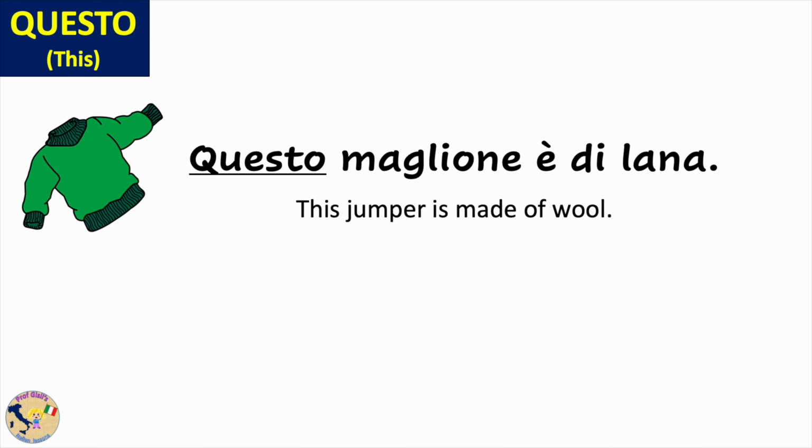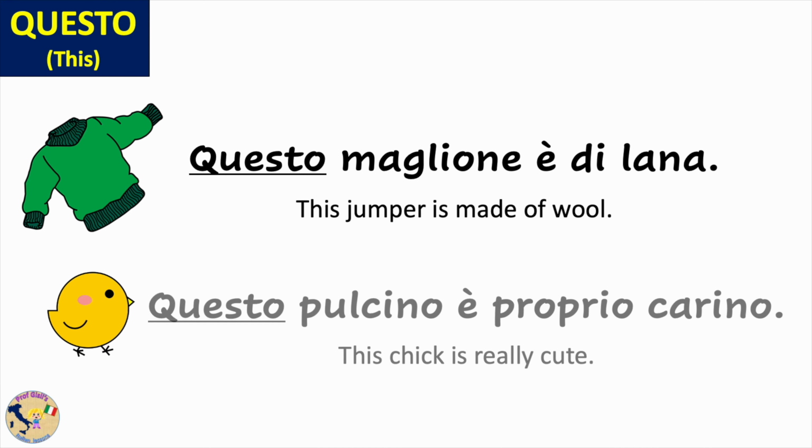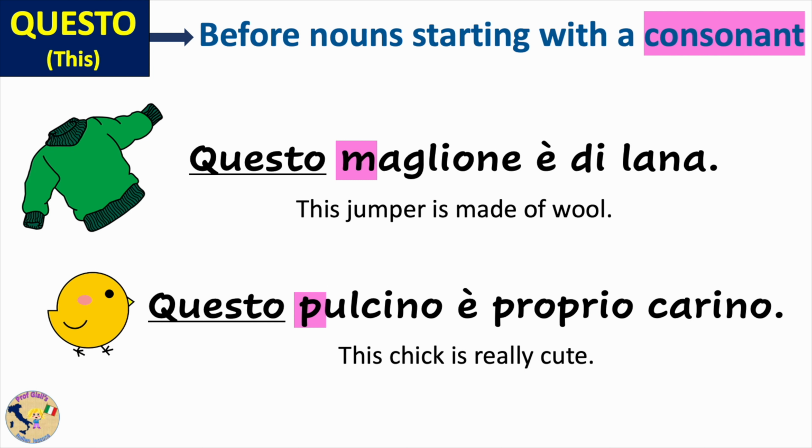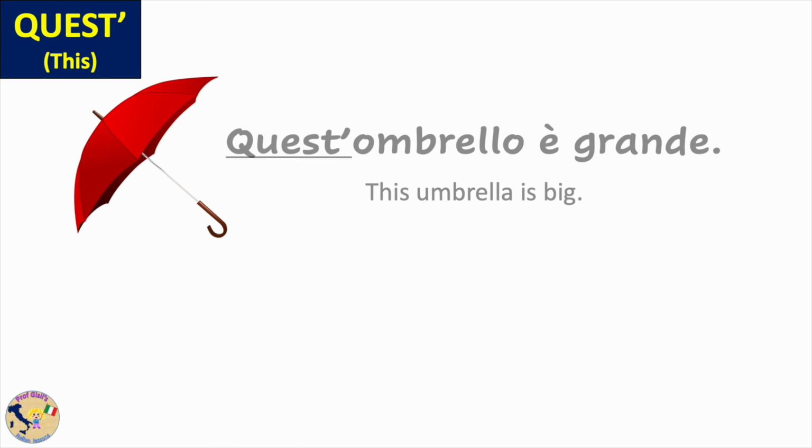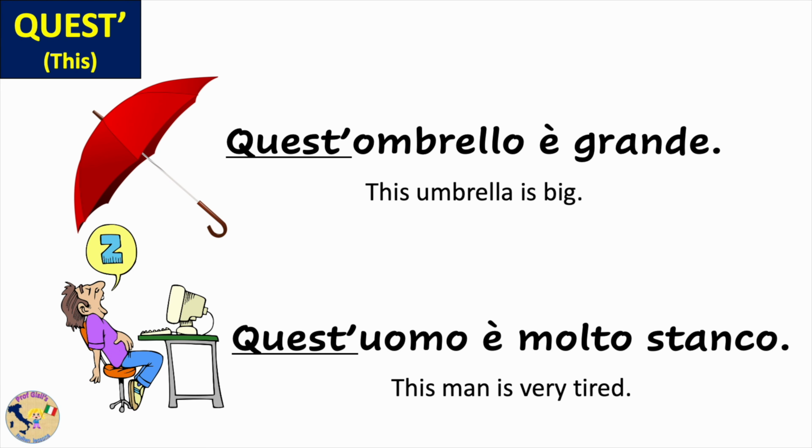Questo maglione è di lana. Questo pulcino è proprio carino. Questo ombrello è grande. Quest'uomo è molto stanco.